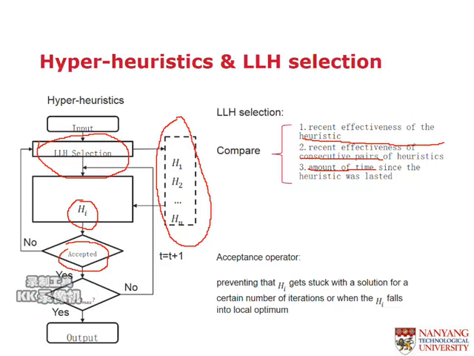Different from the LLH selection operator that determines the heuristic algorithm, the acceptance operator determines the time to select a new heuristic algorithm, such as when the HI gets stuck with a solution for a certain number of iterations, or when the HI falls into a local optimum.